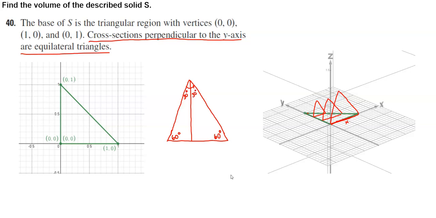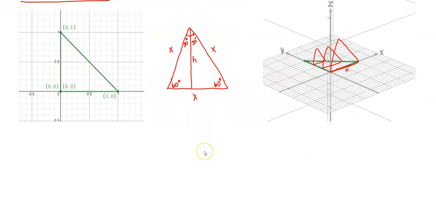If it's an equilateral triangle, we know that all sides are equal. What we want to figure out is the height of this triangle. So how do we figure that out? Here we're going to use trigonometry.